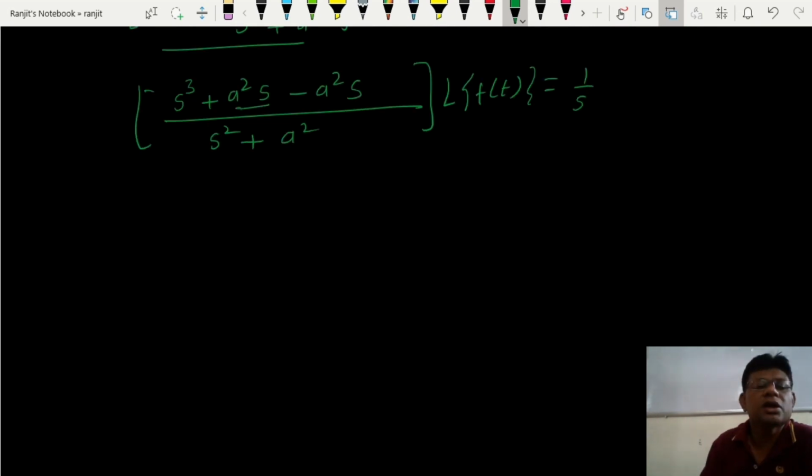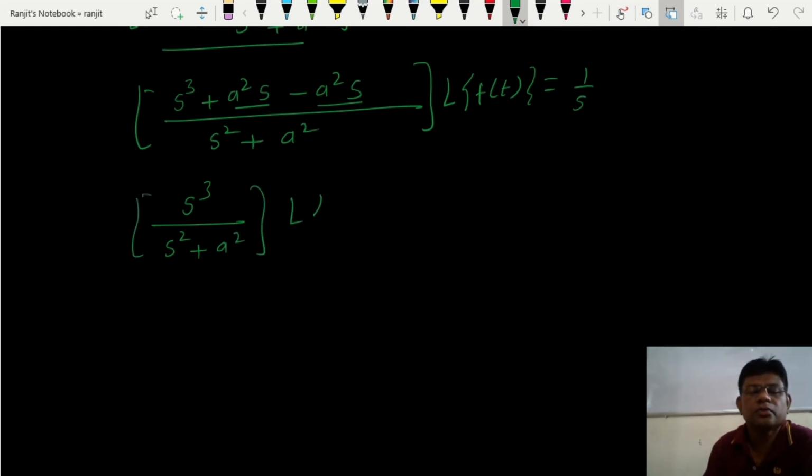Now this a square s minus a square s be the 0. Here is s to the power 3 upon s square plus a square times L of f of t is equal to 1.